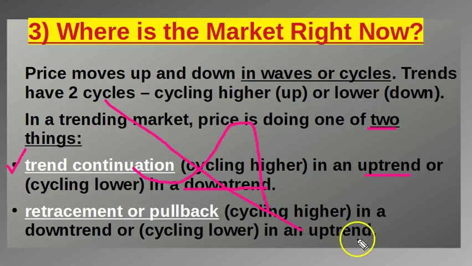And it could be cycling lower in an uptrend. So here's the uptrend. Price comes up high, comes back down in a retracement or pullback, and then continues with the trend again. So that's what this is all about.